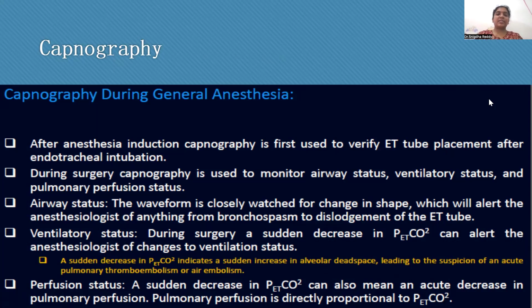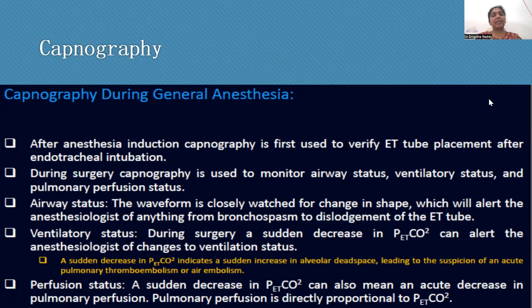Ventilatory status during surgery: a sudden change in end-tidal carbon dioxide can alert the anesthesiologist to look for changes in ventilatory status. Like there may be sudden pulmonary thromboembolism, showing a different capnograph waveform on the monitor.